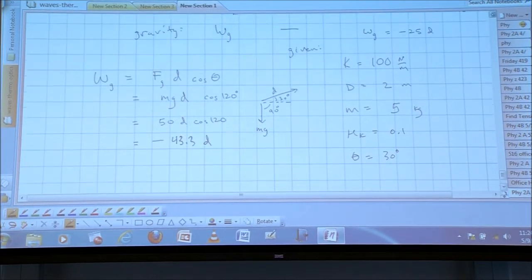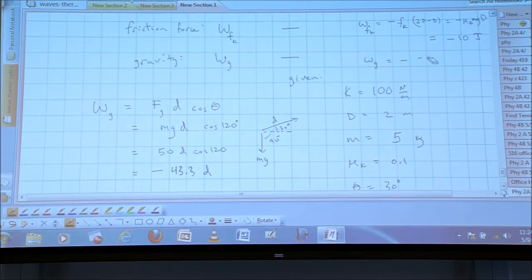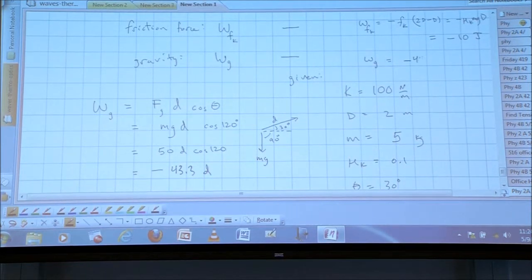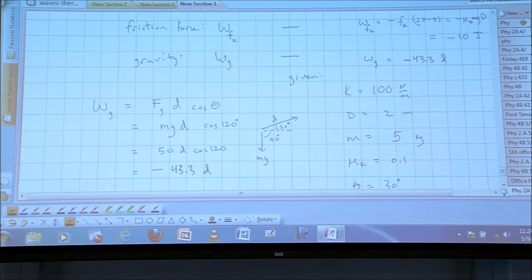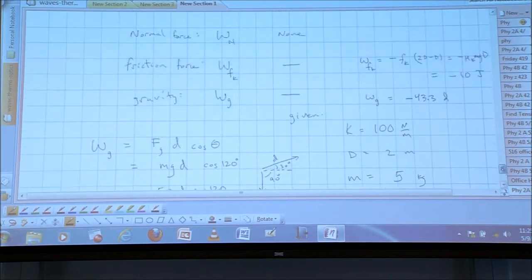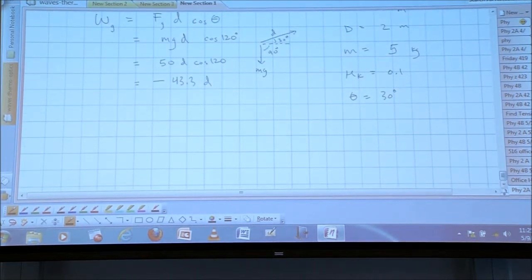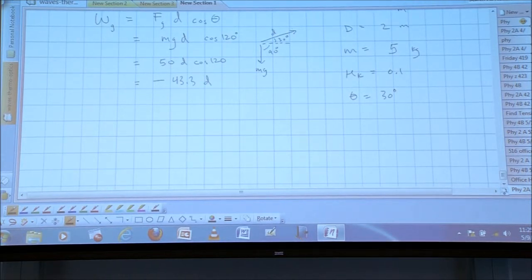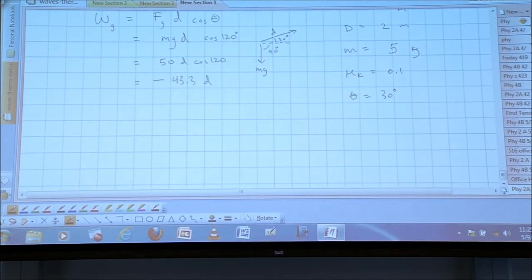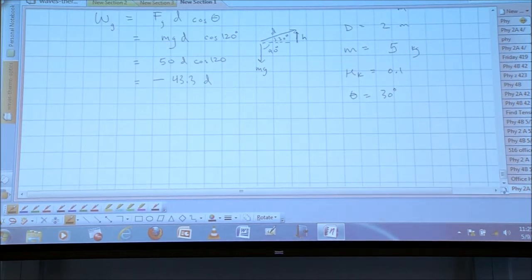Let me fix that over here. Negative 43.3. Okay, so one other way to look at this. So where was I? This side of the triangle is h, right? The height that it goes up.